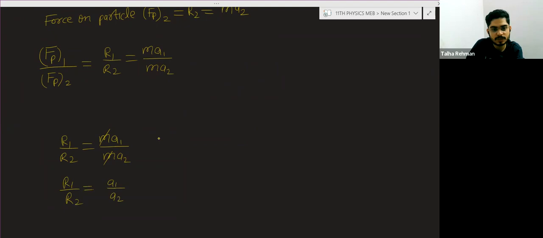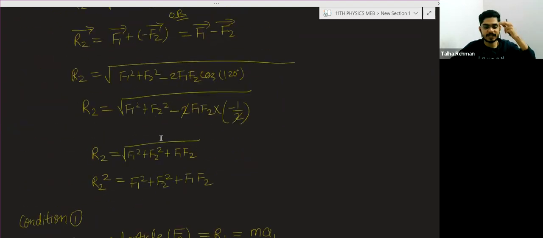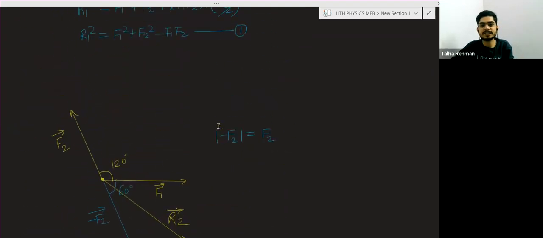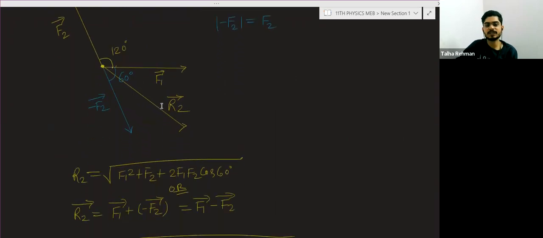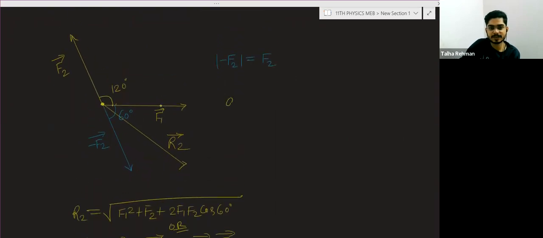And what are they saying? They are saying that the acceleration of the particle will become root 3 times. So here, if your acceleration is a1, then after reversing the direction of the force, your acceleration a2 will become root 3 times of a.